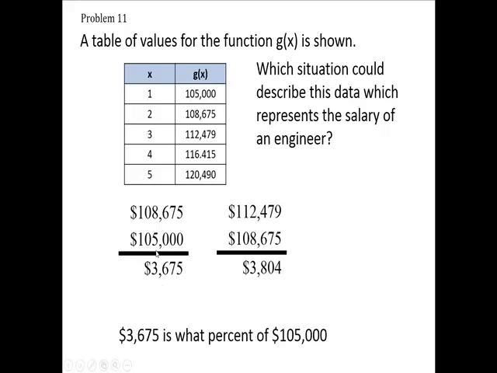Let's pick this year, and we want to know what percent of the original value. Now, it was originally 105,000. So that's my original amount, and the difference we're saying is 3675. And we want to know what percent.